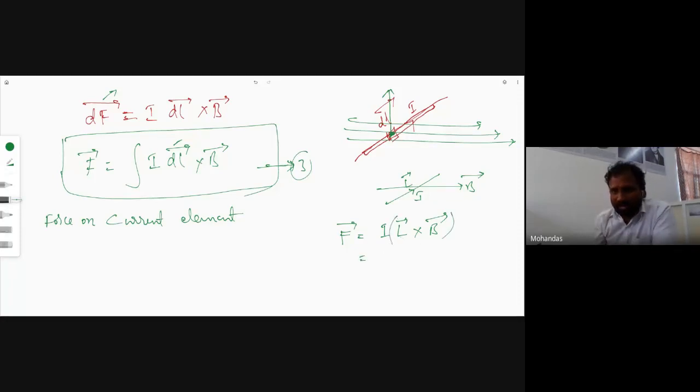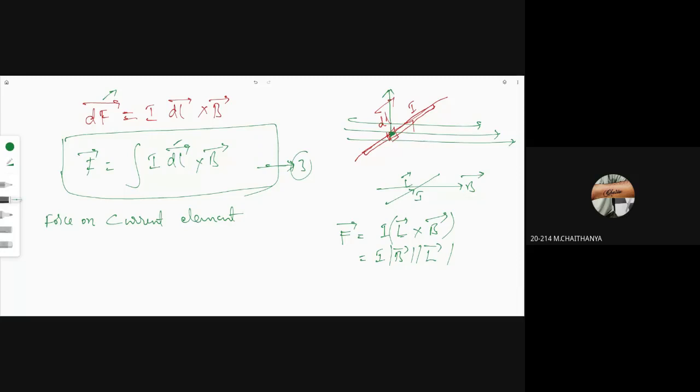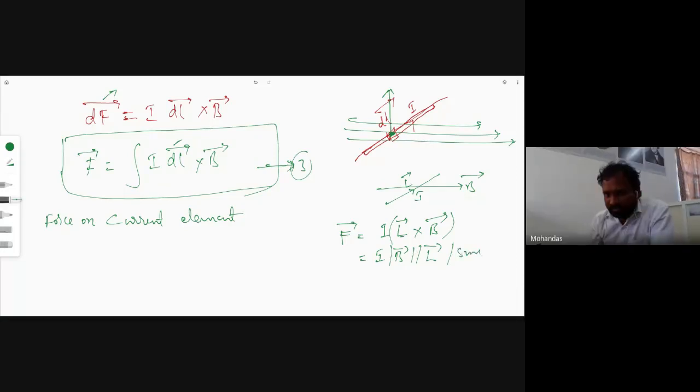How to write the cross product? I into the magnitude of B into the magnitude of L into sin theta. The magnitude of a vector is a scalar.